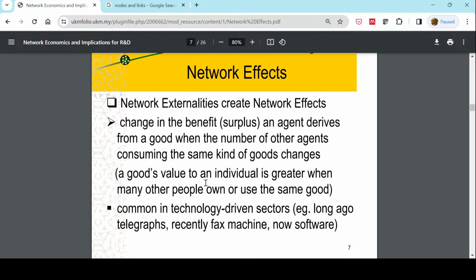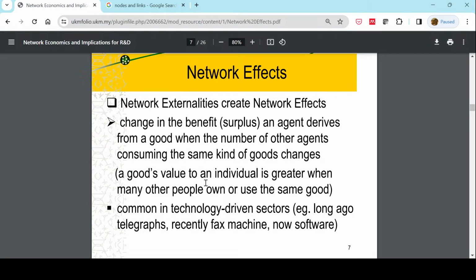It is common in technology-driven sectors. Examples: long ago, telegraphs; in the 1980s and 1990s, fax machines and software; now, operating systems like Android and iOS.